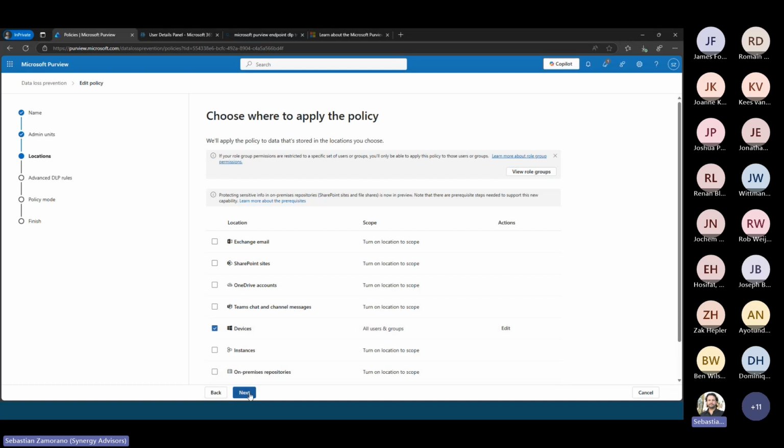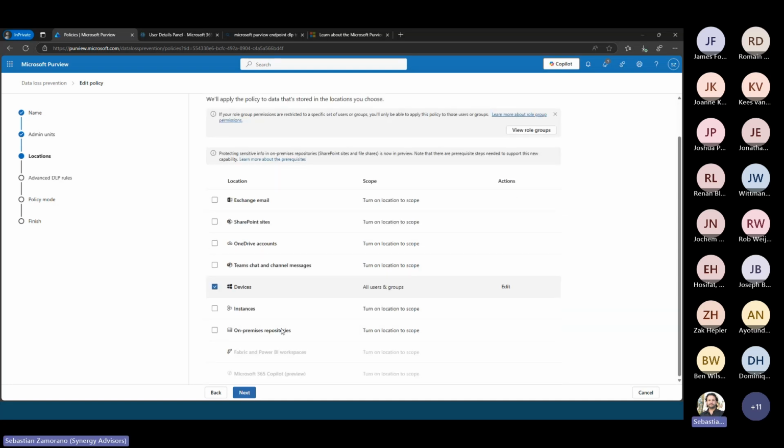For that reason, all the stuff that we are doing today requires Microsoft 365 E5, or at least Microsoft 365 E3 plus Microsoft 365 E5 Compliance, to start having all this protection.